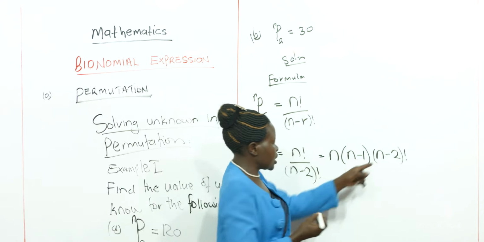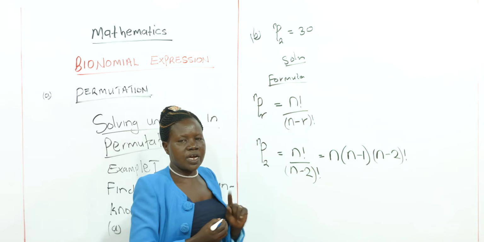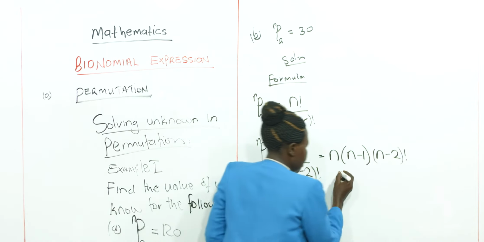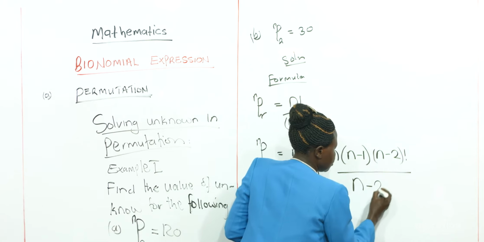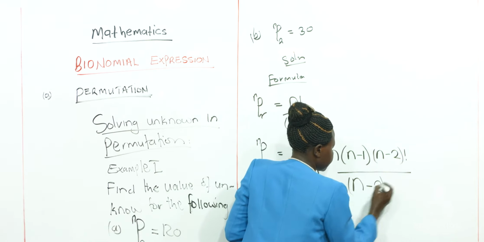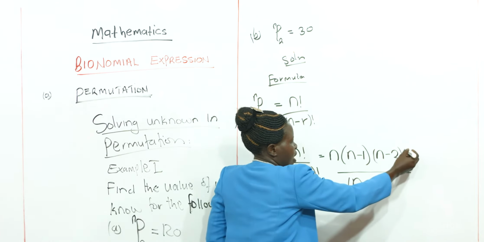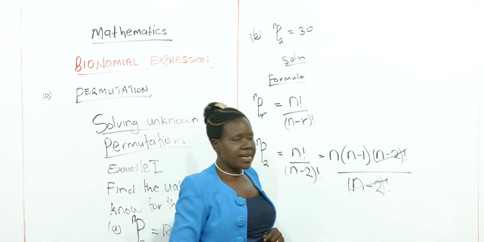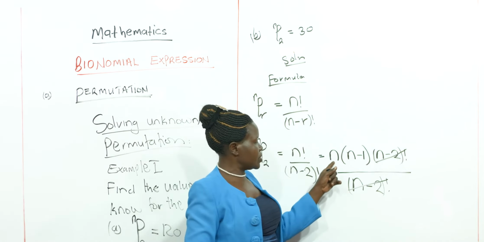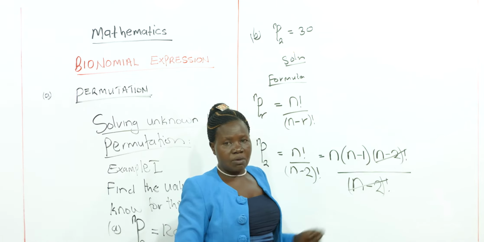Since n minus 2 is the same as the denominator, we can eliminate our denominator by dividing it: n minus 2 factorial over n minus 2 factorial, which you cancel. And then you remain with the numerator, which is n into n minus 1 factorial.